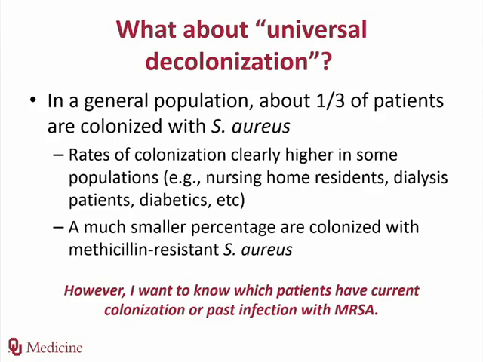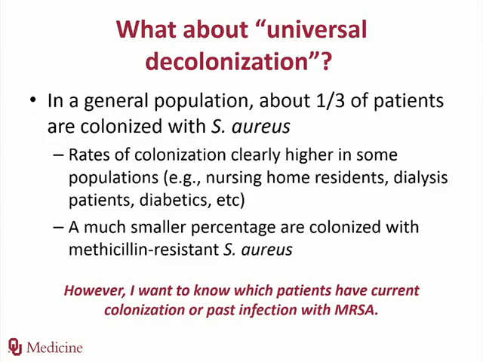About a third of the population, if you just go out in the general population and culture noses, about 1/3 of the population carries Staph aureus in their nose. And remember, we've already shown that those patients are at high risk of surgical site infection due to staph. Depends on which study you read, 1% to, I usually quote 4 to 8% of the patients that I see in the hospital setting are colonized with methicillin-resistant Staph aureus.